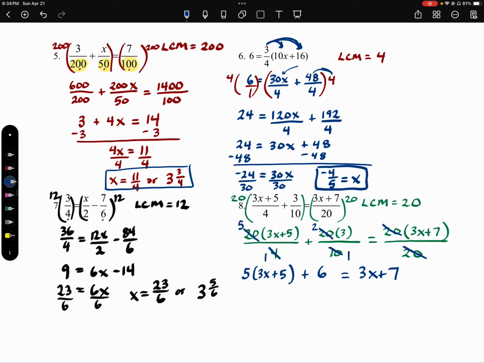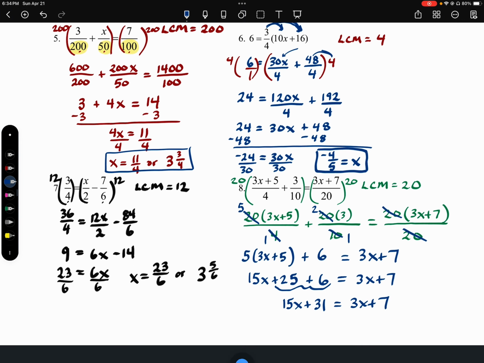So let's go ahead now and simplify and solve. I'm going to distribute my 5 through. I've got 15x plus 25 plus 6 is equal to 3x plus 7. If we combine our like terms, we've got 15x plus 31 is equal to 3x plus 7.